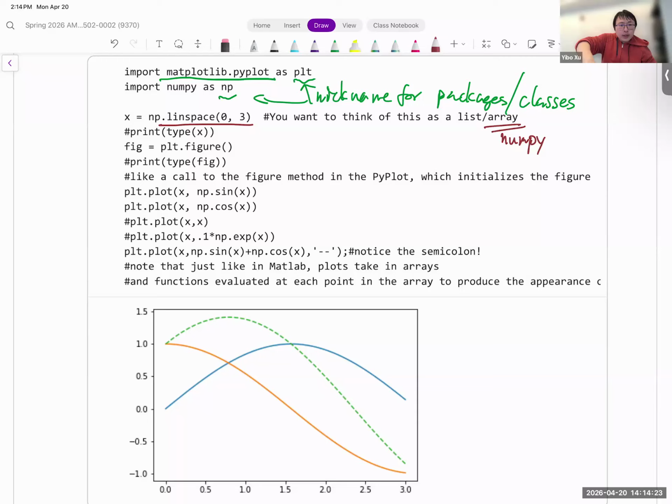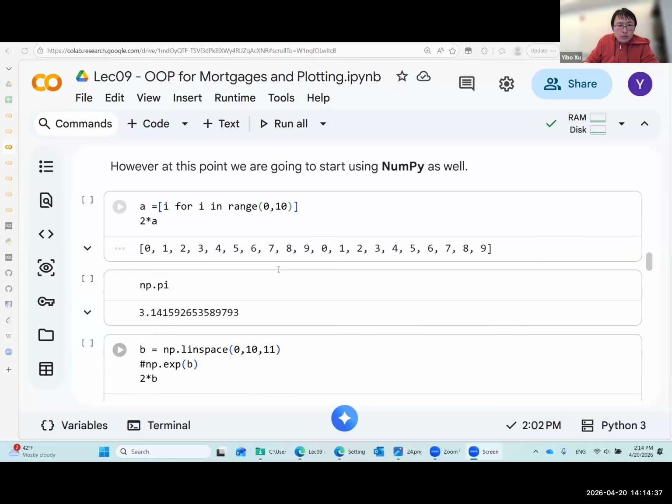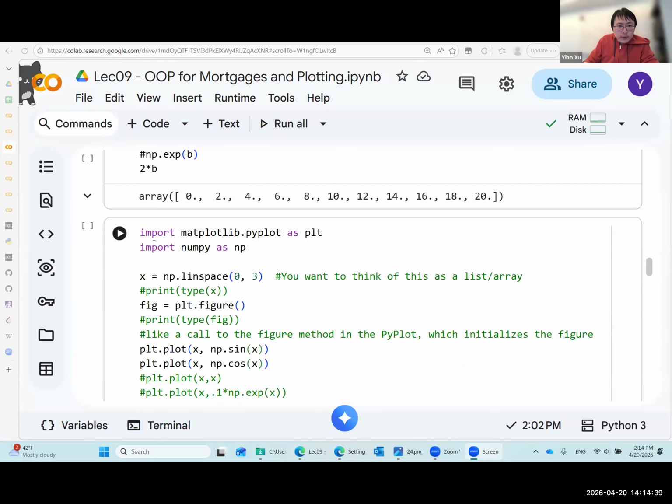Let me get to the code. So in the code, what do we need to see? We need to see this.